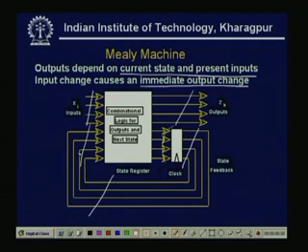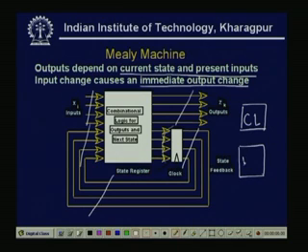So, this is the general circuitry: one combinational logic and the memory elements, flip flops, some of the inputs, some of the outputs, and some of the outputs are fed back, and this is the circuitry. So, this is my Mealy machine.